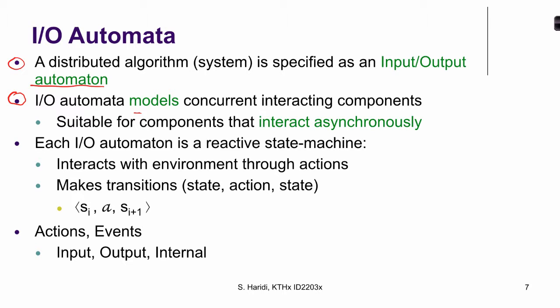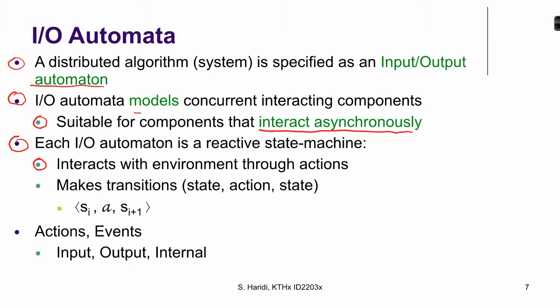Input-output, or for short IO automata, models concurrent interactive components, and they are suitable for components that interact asynchronously. Each input-output automaton is a reactive state machine. It means it has a state and it interacts with its environment through actions.